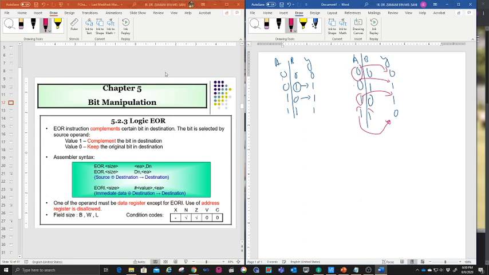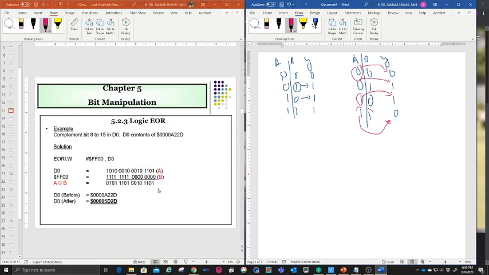That's the meaning of whether it is complement or keep. The syntax is the same. Exclusive OR dot size, effective address at the data register. Exclusive OR with the size, data register with the effective address. Exclusive OR immediate with the size is hash value and the effective address.